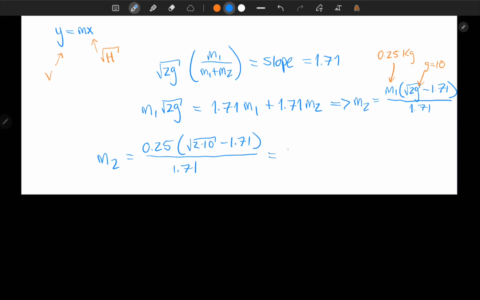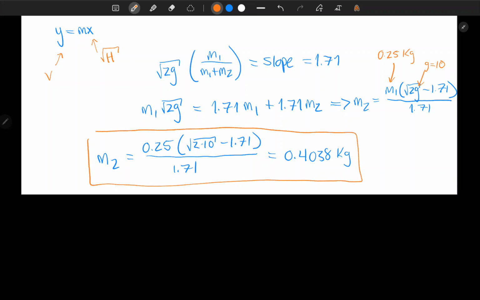And this is approximately equal to 0.4038 kilograms. And that is the mass of the second cart.